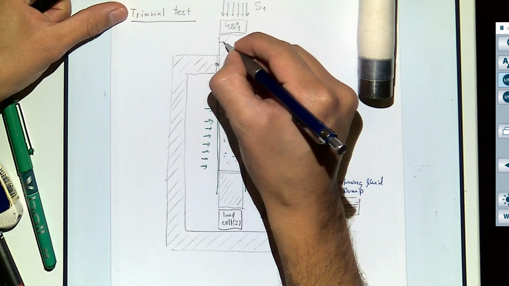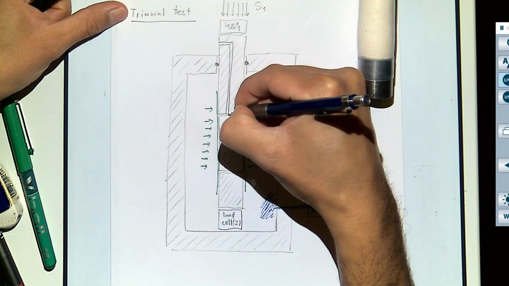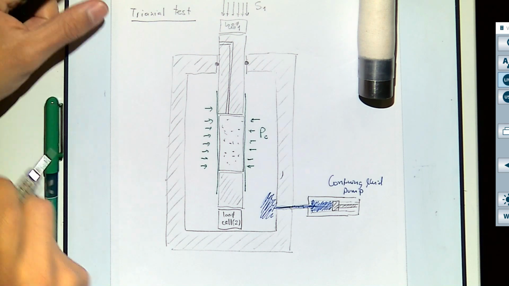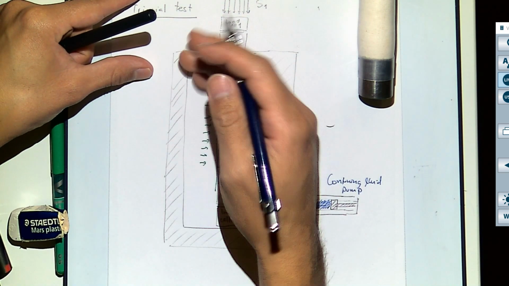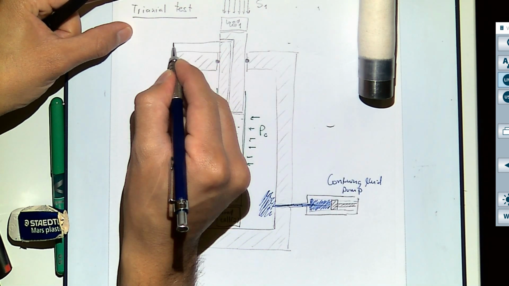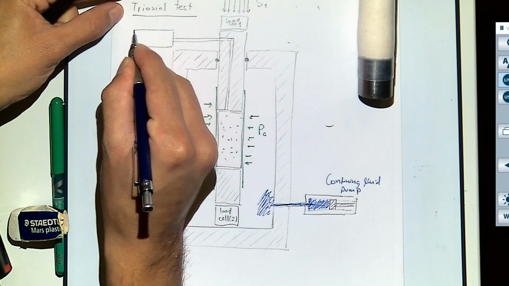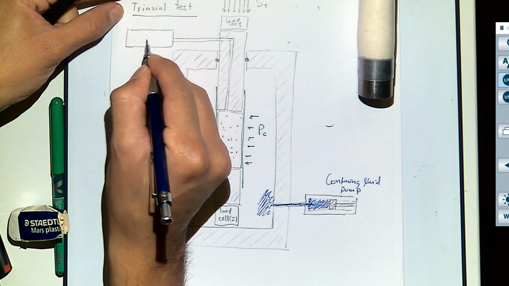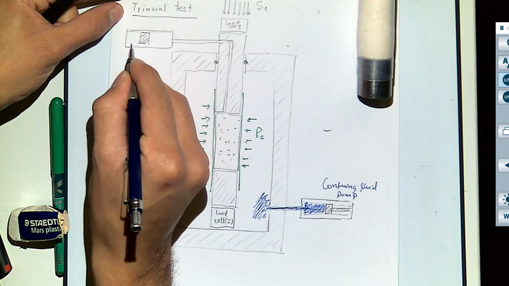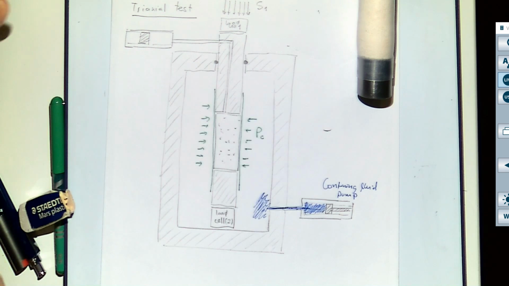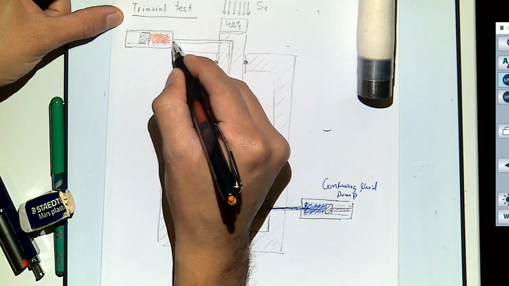And this is going to be an additional conduit that goes connected to the pore system of the rock, and it goes connected to an additional pump. And this is going to be your fluid pressure.